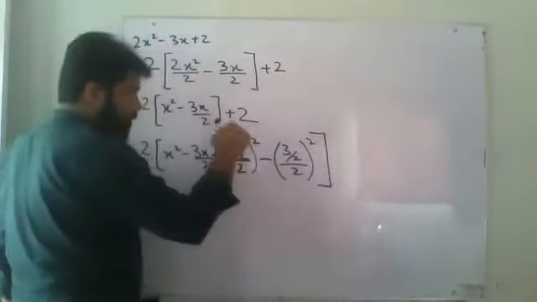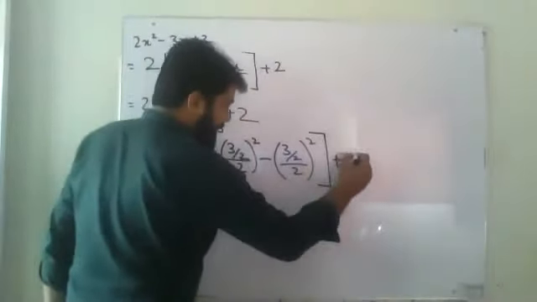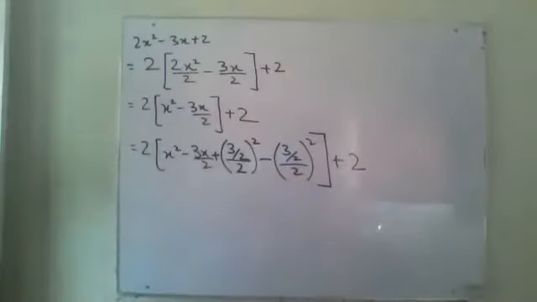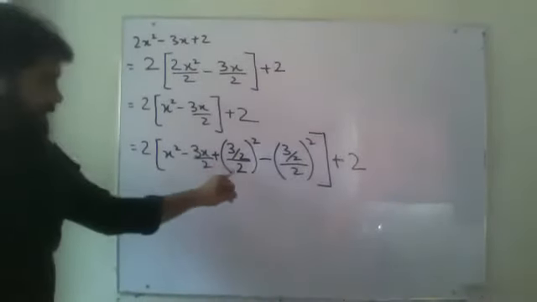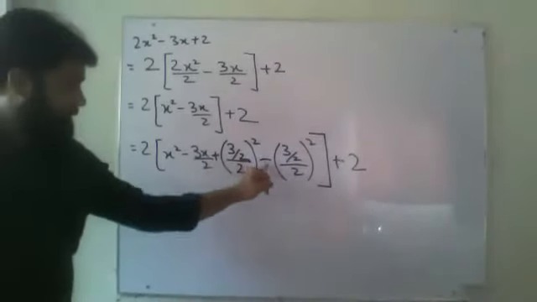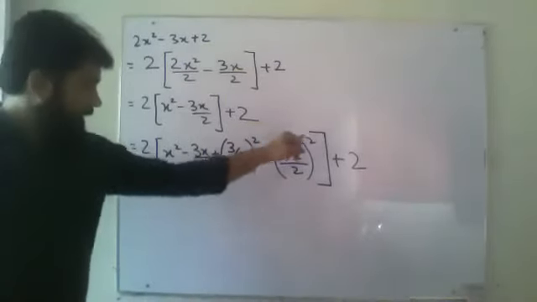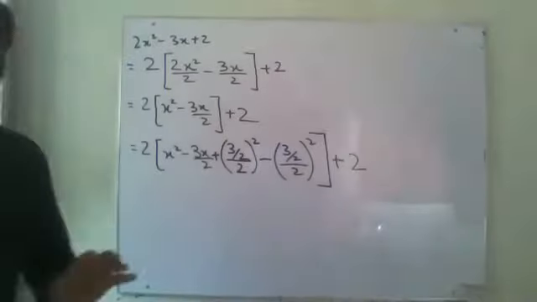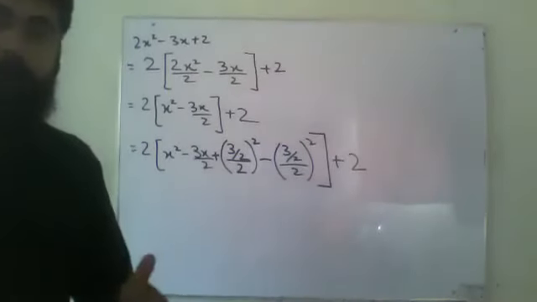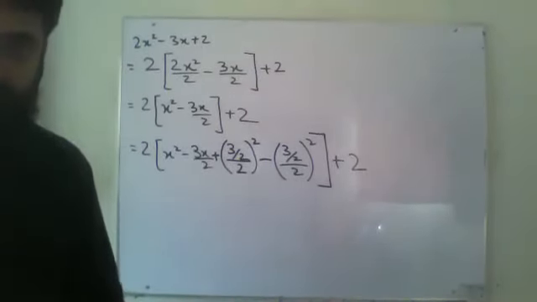Bracket close. Whatever was written outside the bracket will remain as it is. Now over here, this is written in plus, and this is written in minus. If I cancel these two, I will go back to the original equation. It means at this point my equation is balanced.